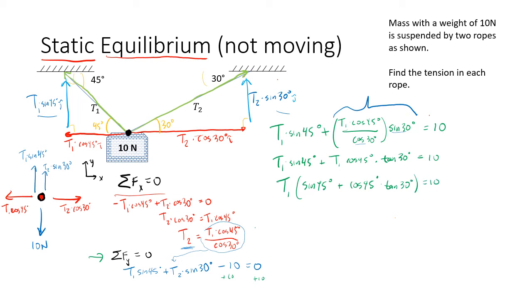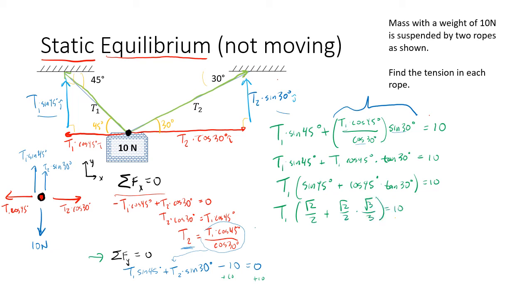Now, at this point, because 45 degrees and 30 degrees just so happen to be nice, convenient angles that we know the exact trigonometric ratios for, sine, cosine, tangent, cosecant, secant, cotangent, we could substitute those in right now if we wanted. It would look like this: square root of 2 over 2 plus the cosine of 45 degrees, square root of 2 over 2, times the tangent of 30 degrees, square root of 3 over 3.